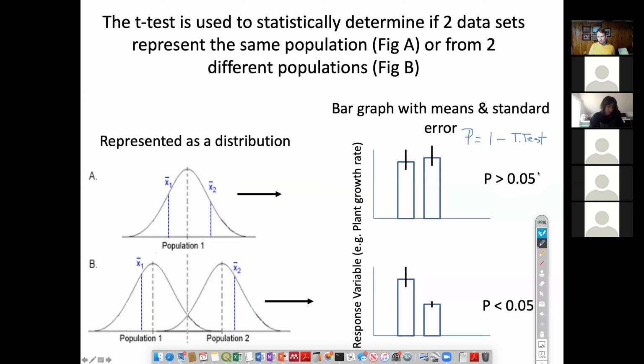Is the t-test the only way that you can come about the p-value? Hypothesis testing is a whole area of statistical study. The t-test is the most common way we do it. It makes the assumption that things are normally distributed, but it's by far the most common way we do it, for a lot of theoretical reasons I don't want to get into.